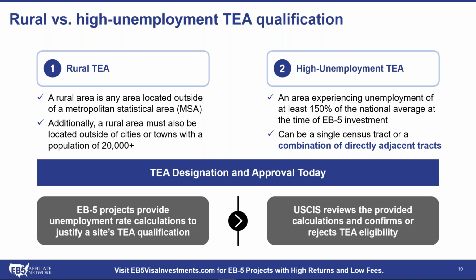And again, as Mike mentioned, previously TEA designations were issued by individual states. Now each EB-5 project provides the unemployment rate calculations to justify a specific project site's eligibility, and then USCIS reviews and actually confirms or rejects the TEA status for that particular project.